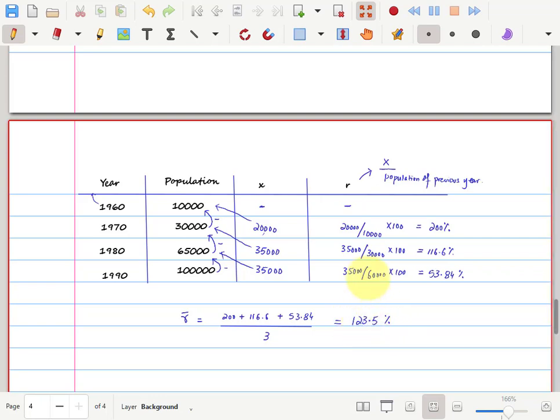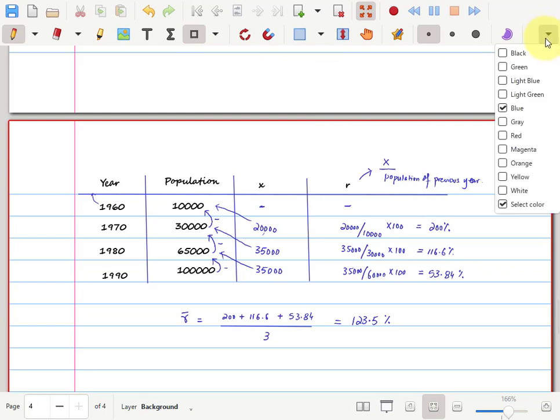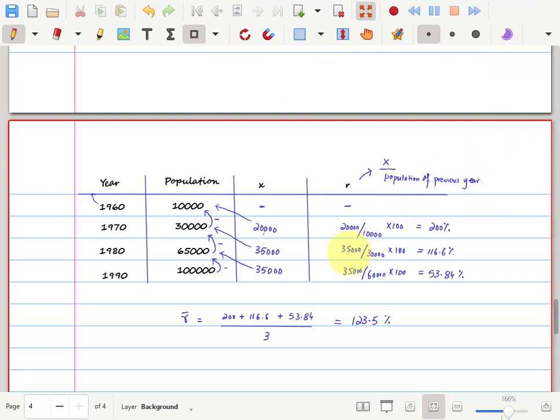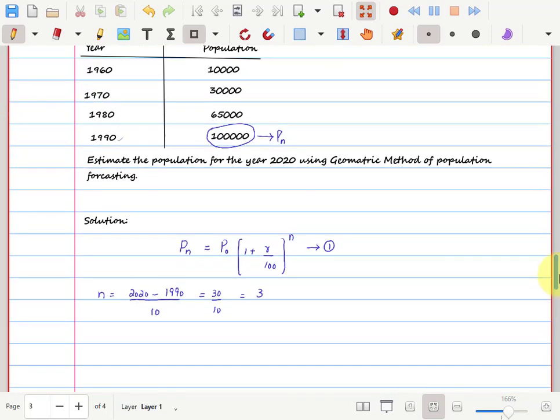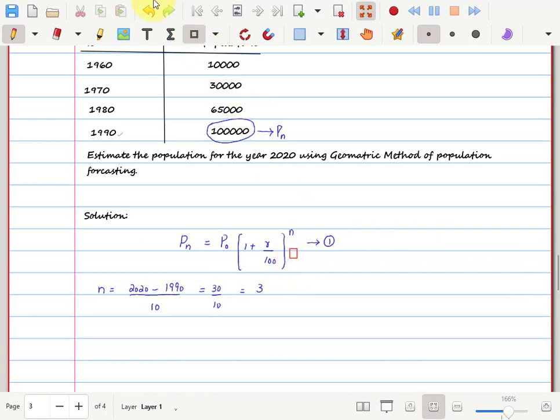This is the value of R. So we got everything we needed for our formula. This is R, this is our value of N and this is our value of P naught. So we got all the three terms.